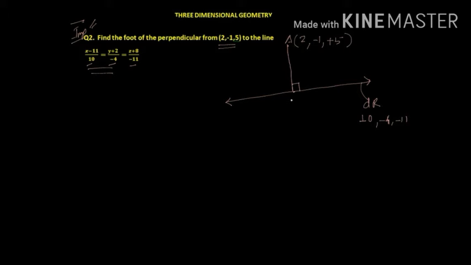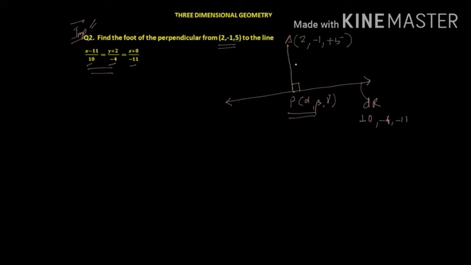Suppose this is named as A and this as P. They are asking you to find this particular point. So we have considered the foot as alpha, beta, gamma as its coordinates, right? Our main task is to find what is alpha, beta and gamma.